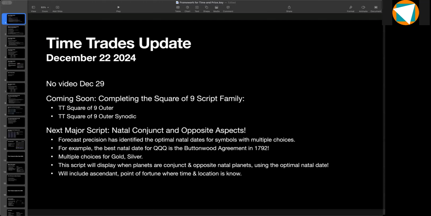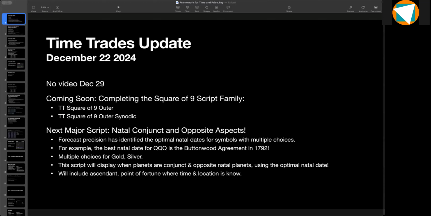Thinking ahead, the next major script that I'm going to be building for you is going to focus on aspects to natal planets, natal locations. It will just look at conjunctions and oppositions with natal planets. A big reason for the motivation is the success we've seen this past week with oppositions to natal nodes.